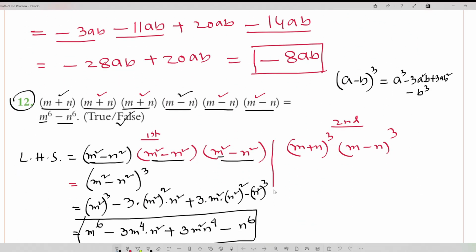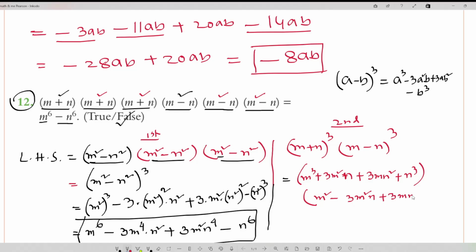What about second option? Let's check about this one. So this one and this one we can write like m cube plus 3m square n plus 3m n square plus n cube, right? And here again m cube minus 3m square n plus 3m n square minus n cube.